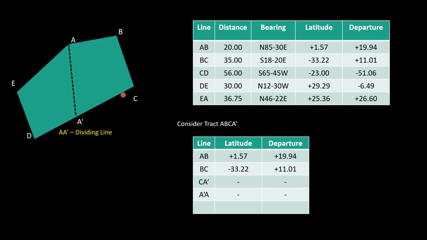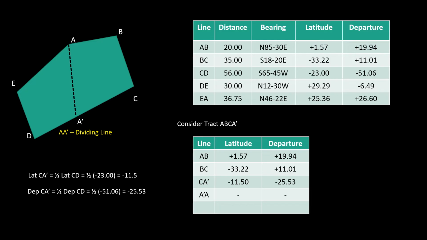So, the latitude of CA prime as well as its departure will be 1/2 the latitude or the departure of line CD. So the latitude of CA prime is 1/2 the latitude of CD, which is negative 11.5, and the departure of CA prime is 1/2 the departure of CD, which is negative 25.53.